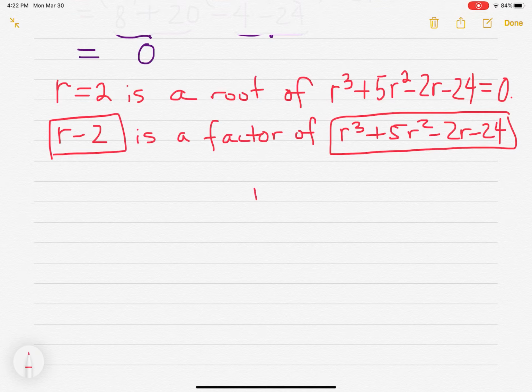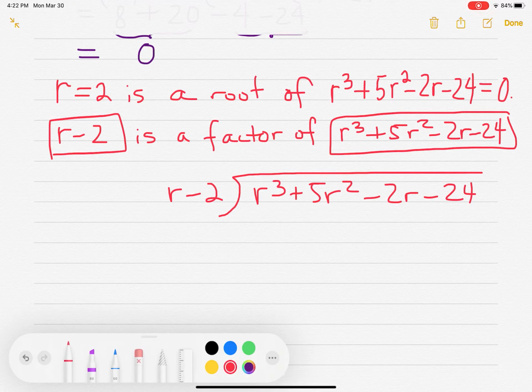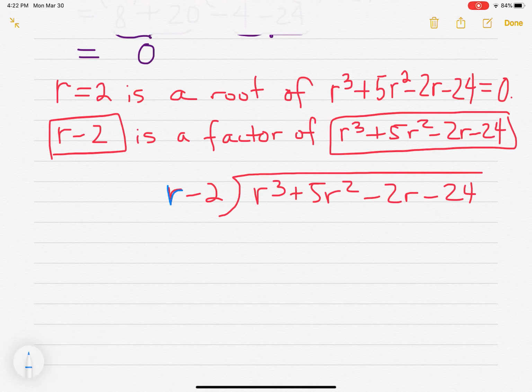So I'm going to take r cubed plus 5r squared minus 2r minus 24. I'm going to divide that by r minus 2. And now I'm going to ask the question: what do you have to multiply that blue r by to get this r cubed right here? Well, r squared, right?